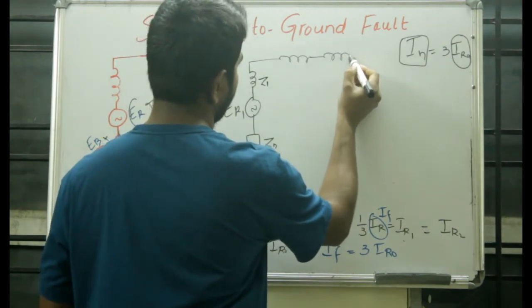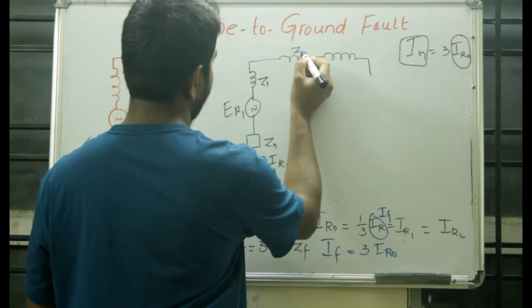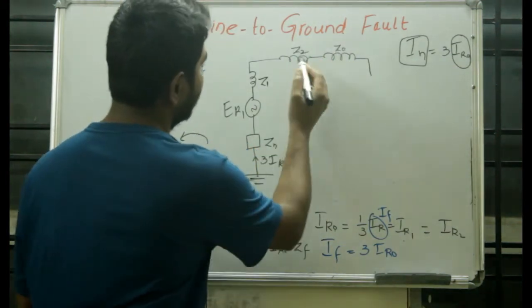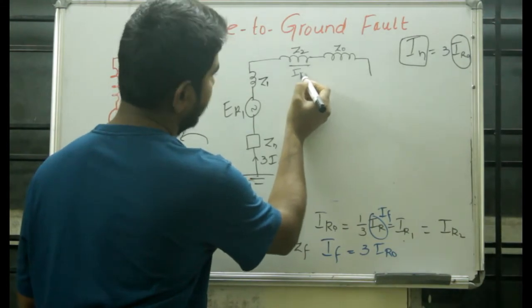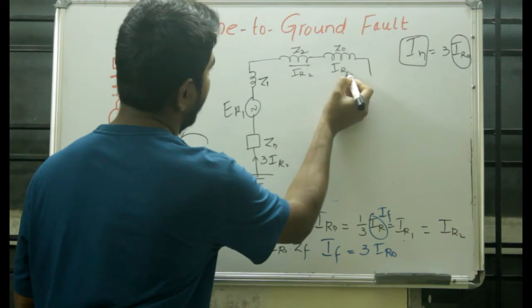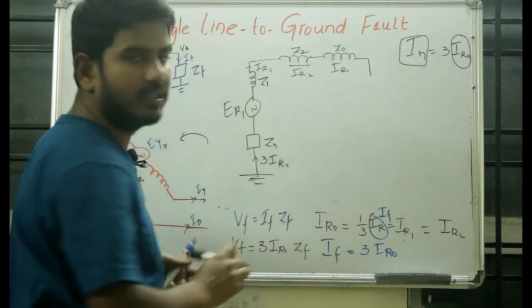So this will be simply your Z2 and this will be Z0. Okay, so here the current will be your IR2, here the current will be IR0, here the current will be IR1, right?